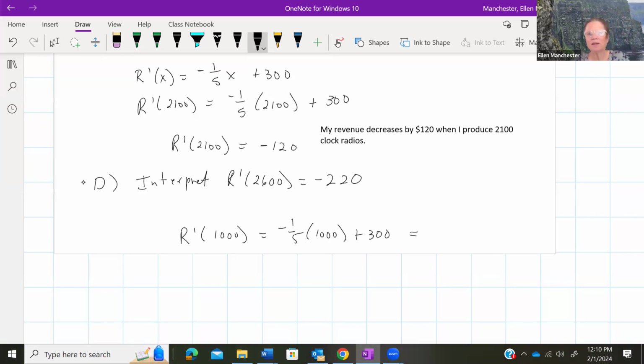Well, look at that. Now my revenue is increasing. So I have an increase in revenue when I'm only doing 1,000. So do you see that there's something going on between 1,000 and 2,100 where my revenue was going up and then it switched and was going down.